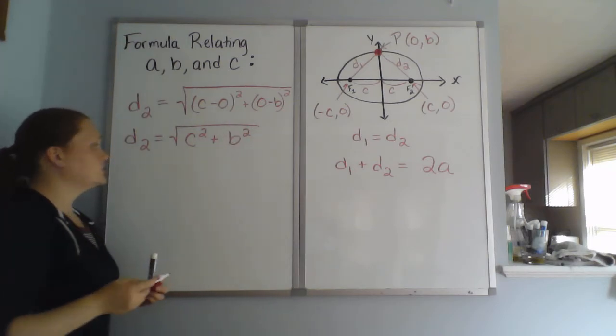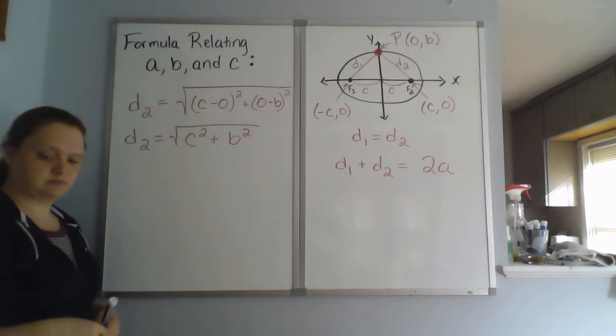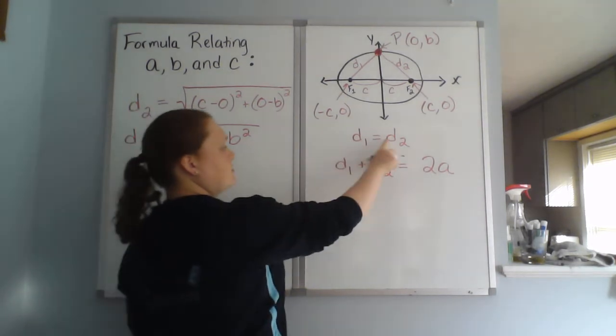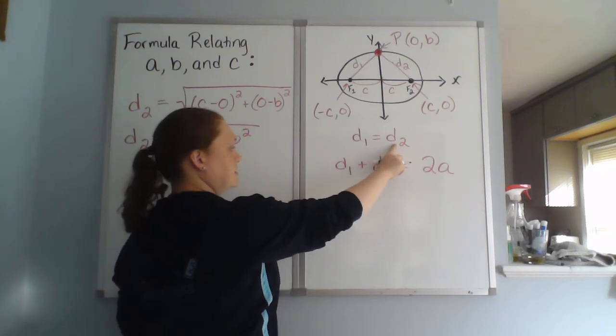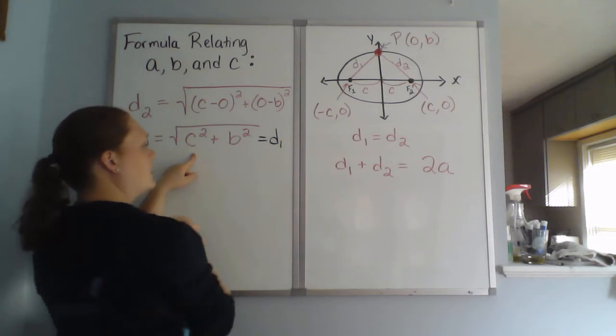Okay, so I have that d2 is equal to the square root of c squared plus b squared. So here's where I'm going to go with that. We have that d1 and d2 are equal to each other, so this is also equal to d1.